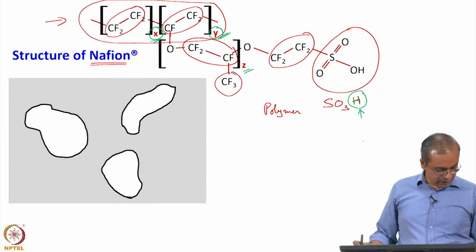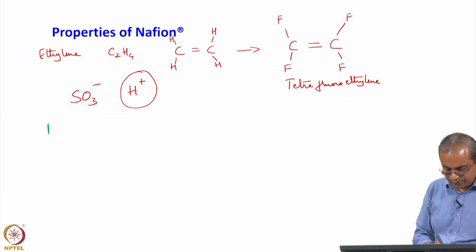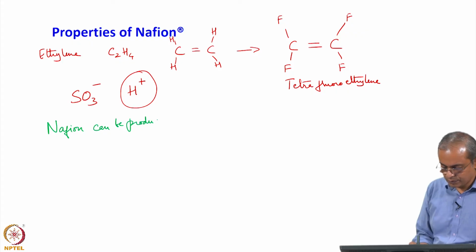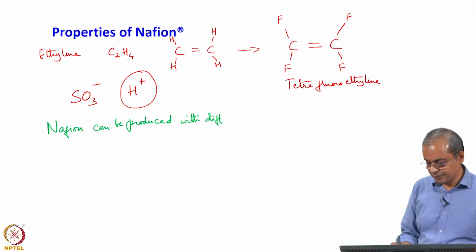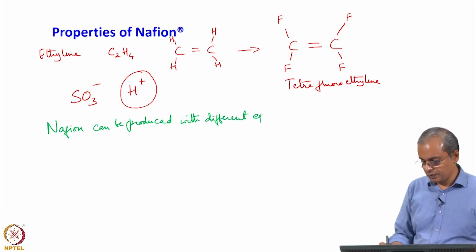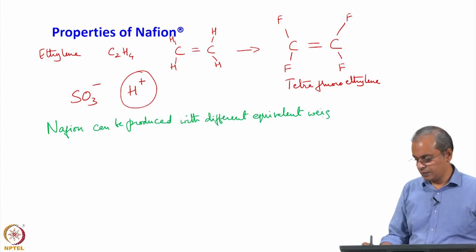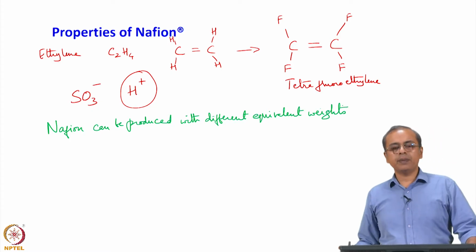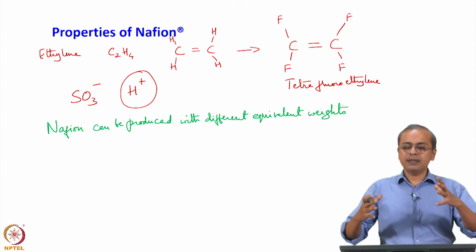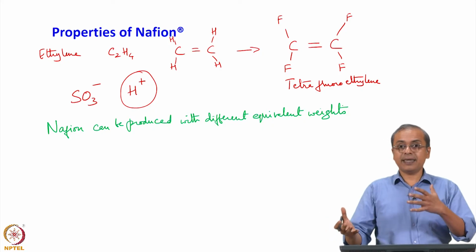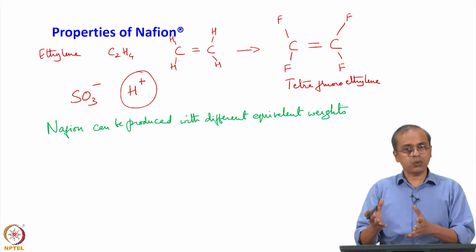So, therefore, Nafion can be produced with different equivalent weights, and therefore, the extent to which it is acidic is something that you can control, so to speak.